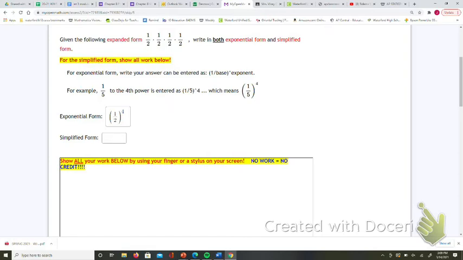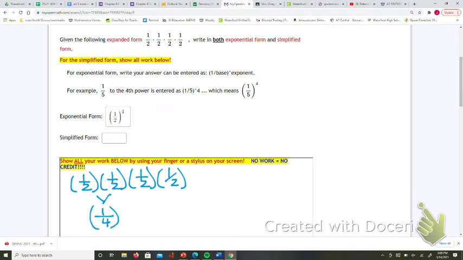Okay, now we're ready to do the work. So we go to our work area and we have 1/2 times 1/2 times 1/2 times 1/2. Okay, now when we do the 1/2 times the 1/2, you multiply the numerators, so 1 times 1 is 1, and then you multiply the denominators, and 2 times 2 is 4.